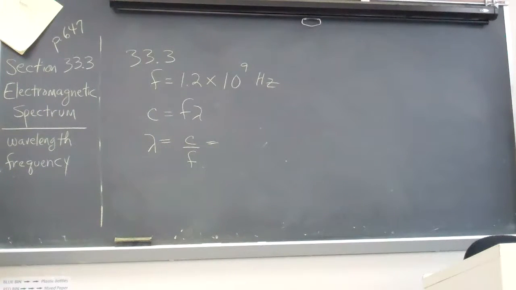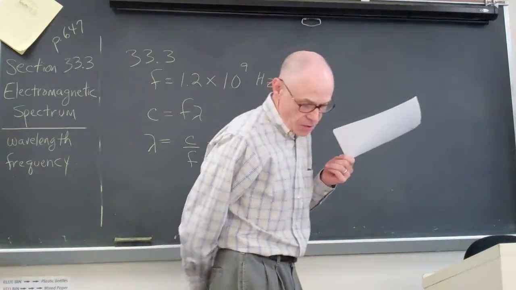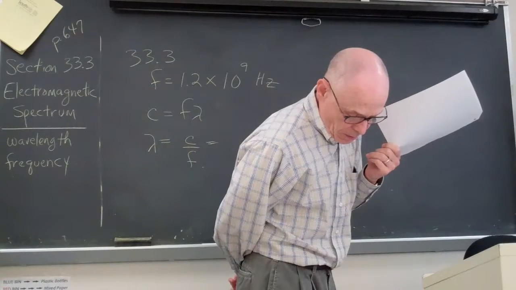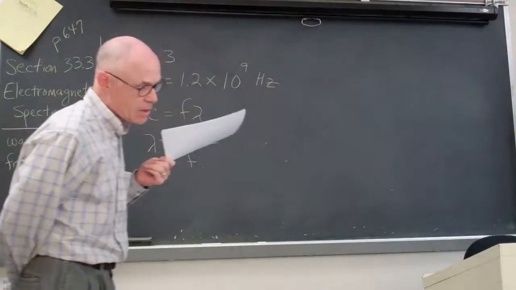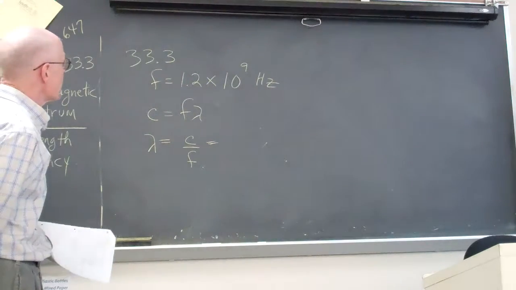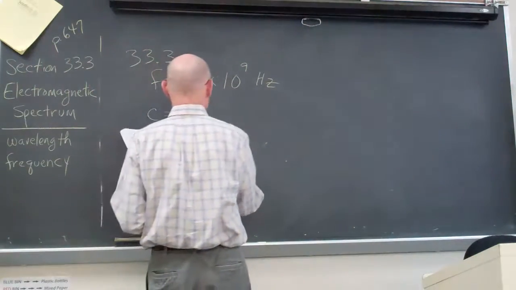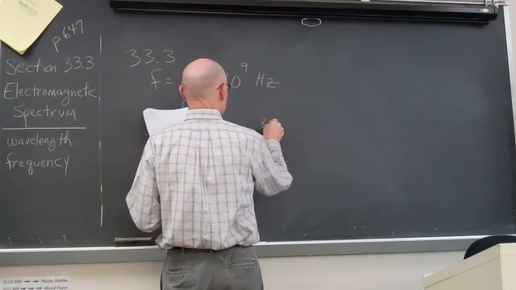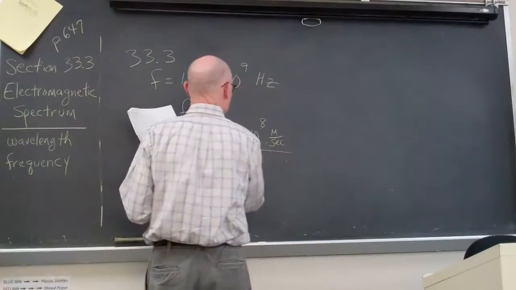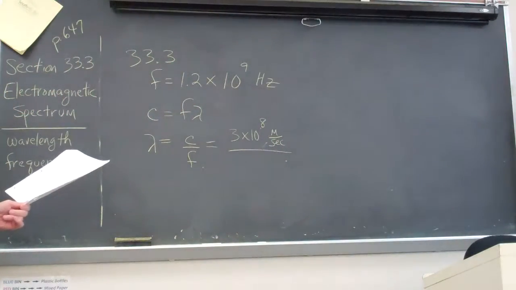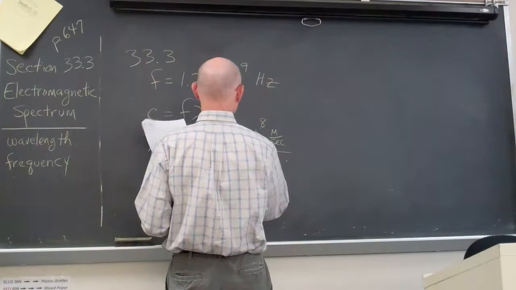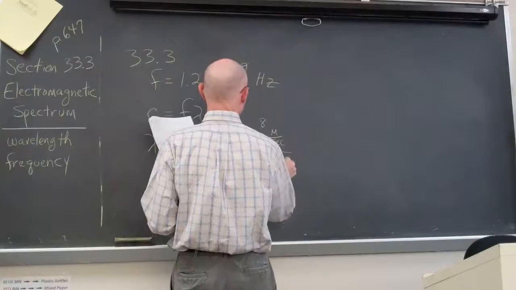Now the answer, you'll see that the answer is in metric. I suppose it could have been done in English as well, but we'll stay with metric. Three times 10 to the 8th meters per second. The frequency was 1.2 times 10 to the 9th.